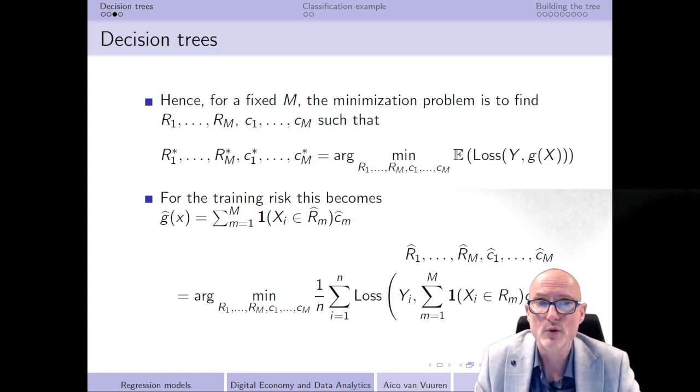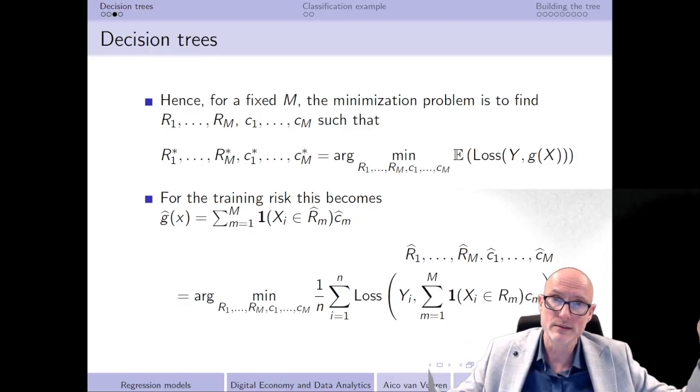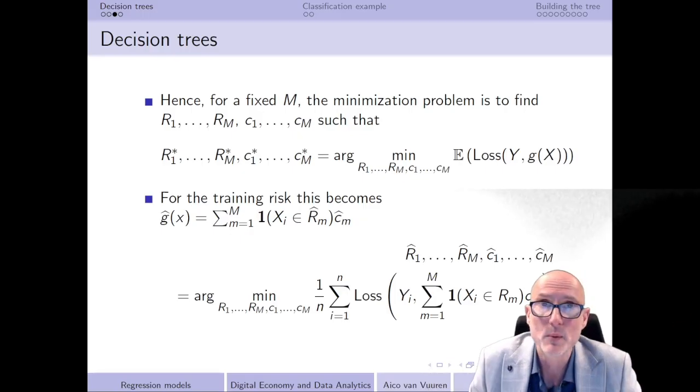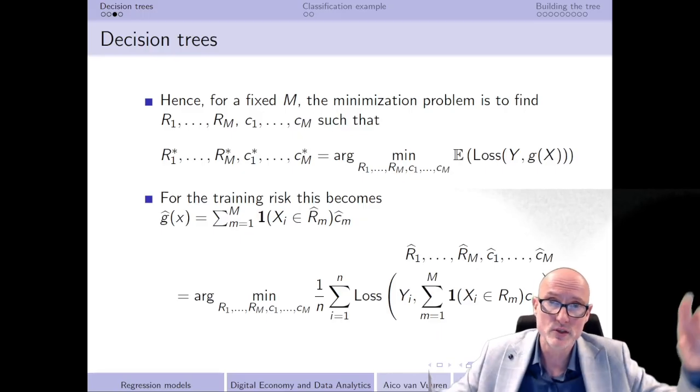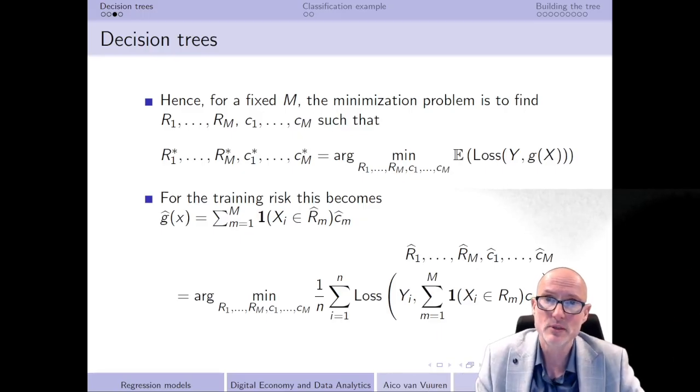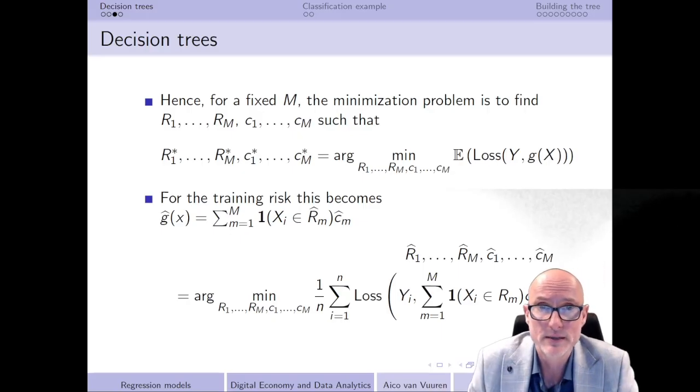Even though all of them are rectangular, some can be quite long and very small in terms of height in the two-dimensional case, but others could be a completely different kind of shape.